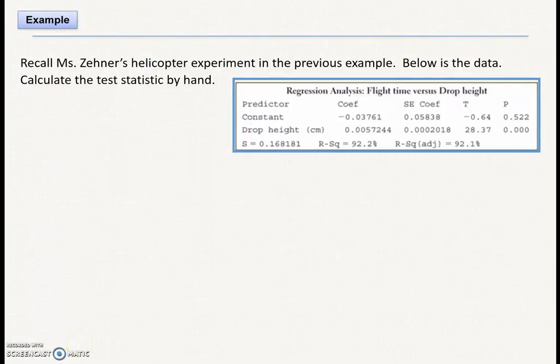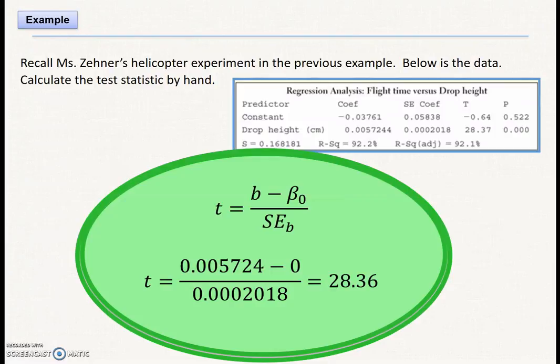Okay, so take a moment to look at that data. Let's calculate the test statistic by hand. Again, we're going to use t, okay? So we're going to take the slope of this line, 0.005724, so that is your drop height there in the centimeters. It's not your constant.